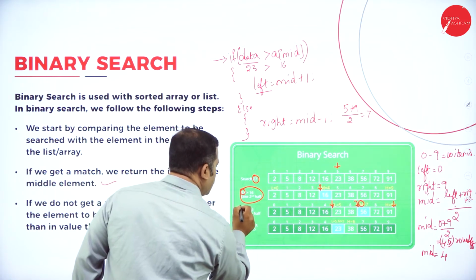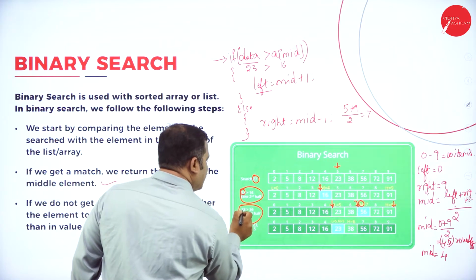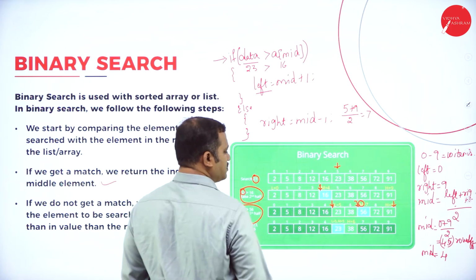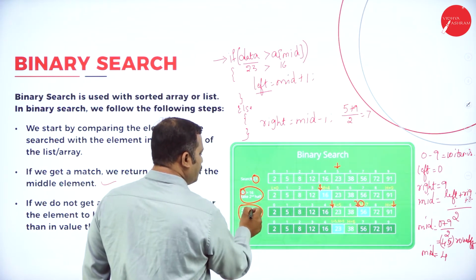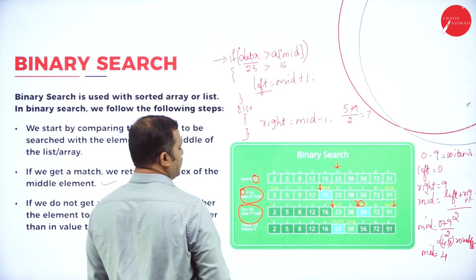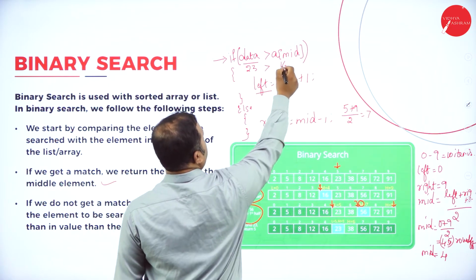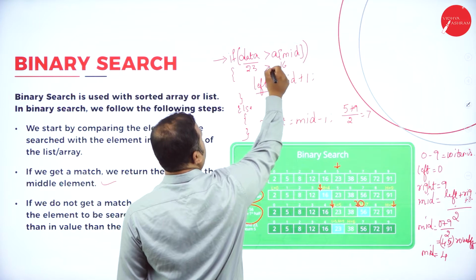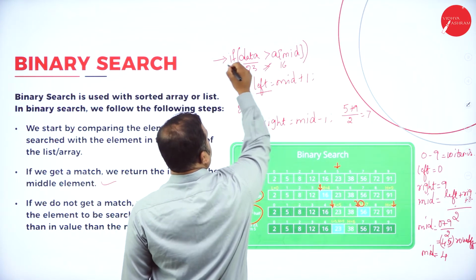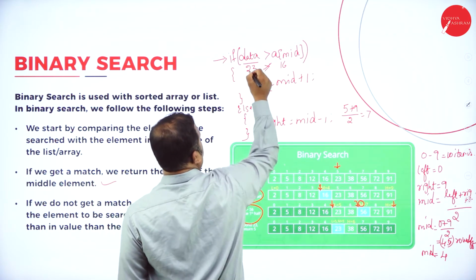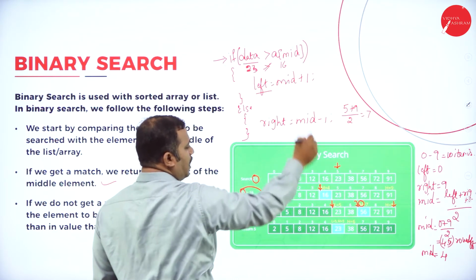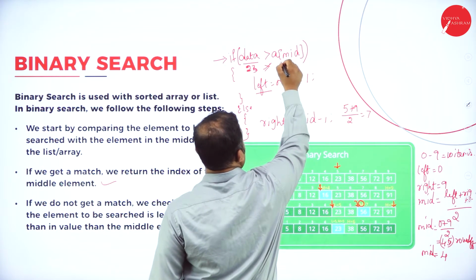Now, is 23 greater than 56 or less than 56? It is less than 56. That means 56 is greater than 23. In the next iteration, 23 is checked here. What is the value of data? That is 23. What is A of mid here? 56.